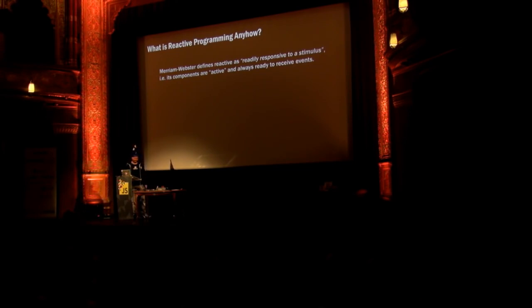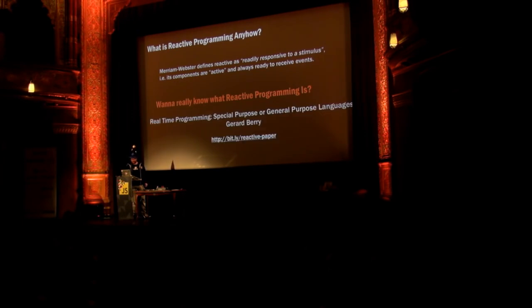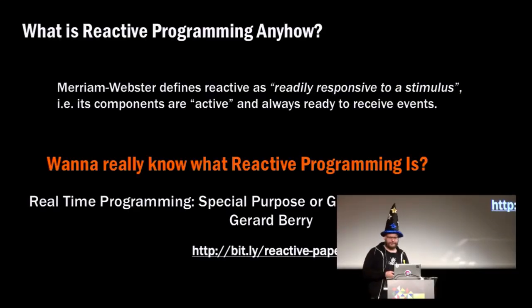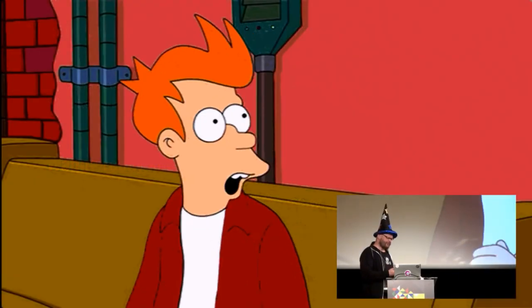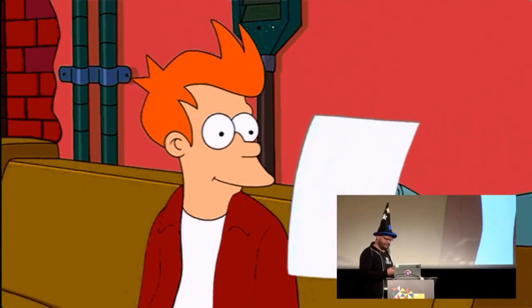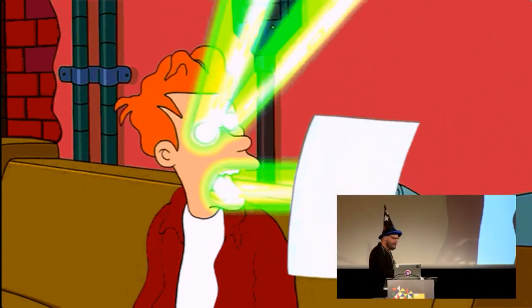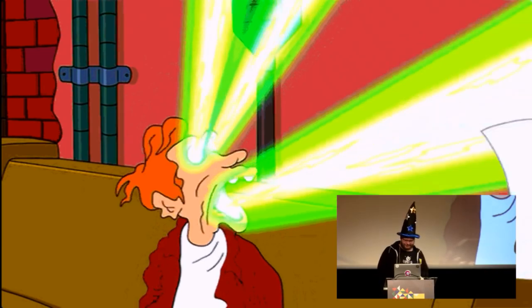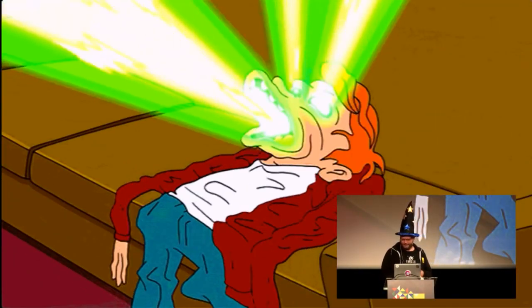So basically active and ready to respond to events. You know what? Just go to this paper and read that instead: bit.ly/reactive paper. I know people are kind of averse to reading papers like this, and this is their general reaction. But I guarantee you, it's well worth your time if you do that.